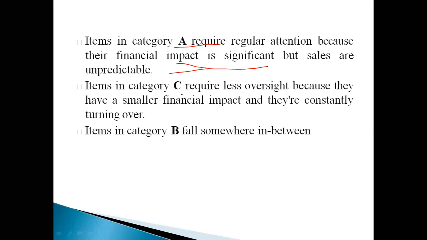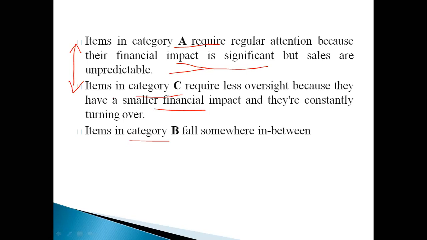Those goods come under category A. Category C requires less oversight because it has smaller financial impact and the items are constantly turning over. And category B falls in between categories A and C.